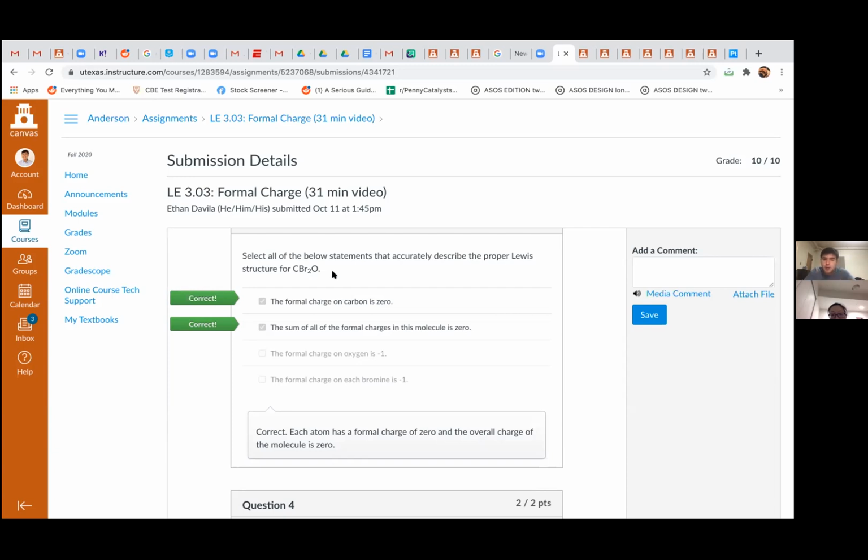Does this have a double bond? How do you know it's not on the bromine? Oh, I know because I've done this so much. But think about it. If you do it on bromine, you're going to have to do it on the other bromine as well.